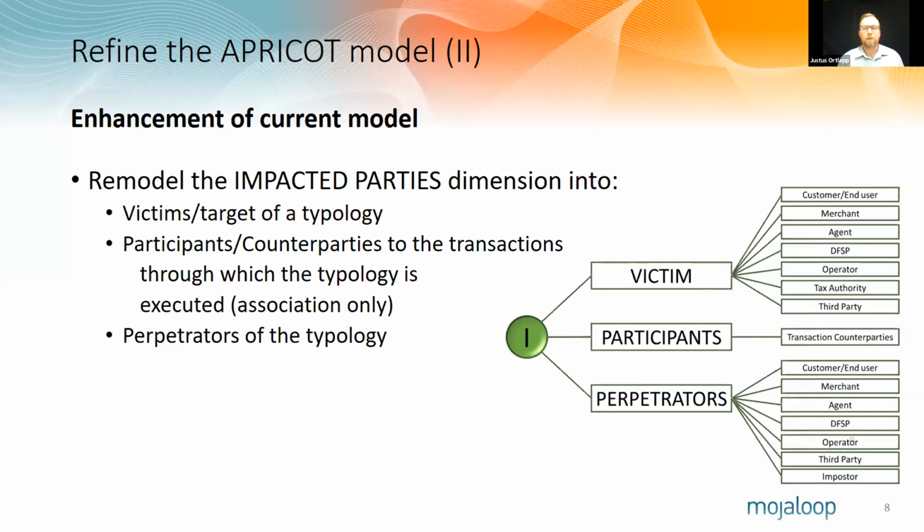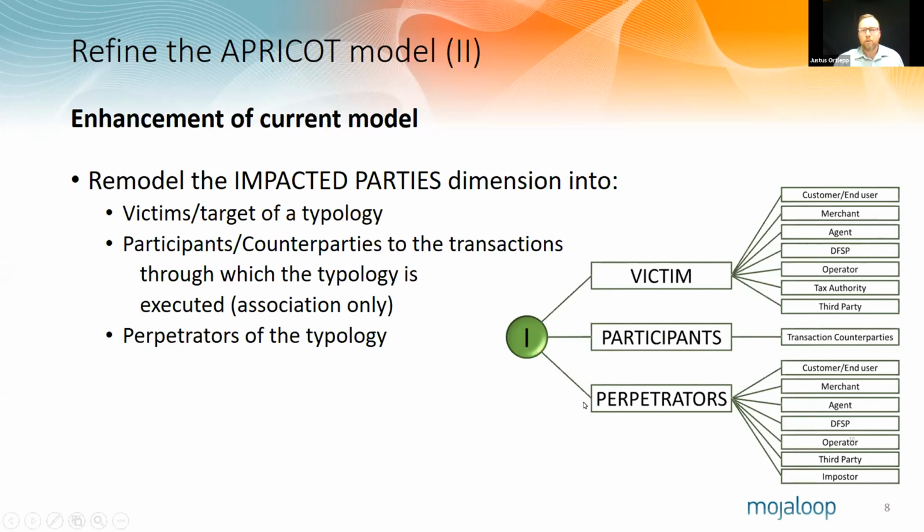We also broke the participants down a little bit better in terms of who is involved in every given transaction. And in the cases where there is no transaction involved, who is actually involved in the behavior that you would see around a specific typology. And then beyond that, who are the criminals? Where do they operate?